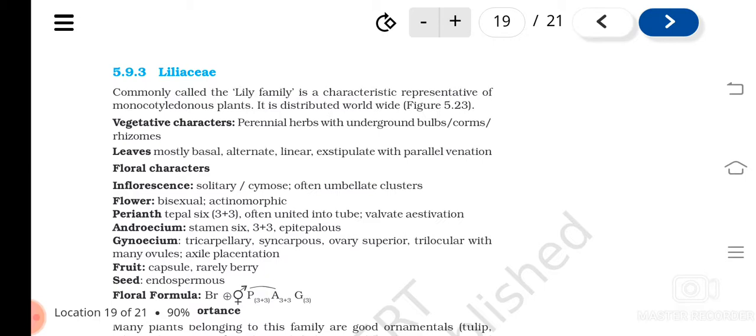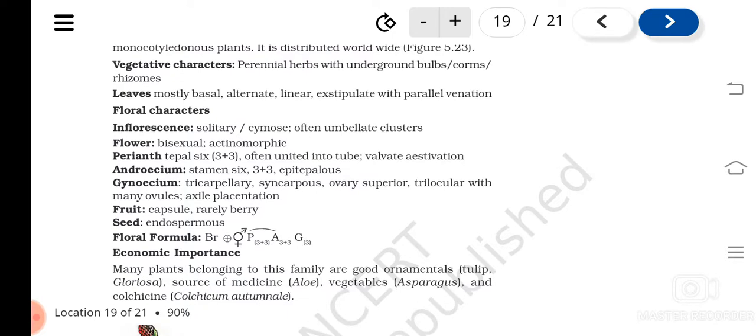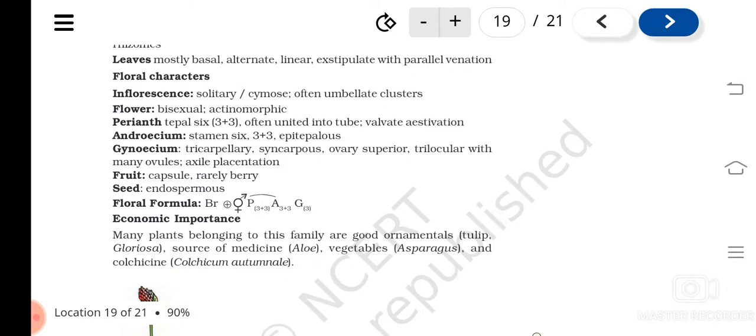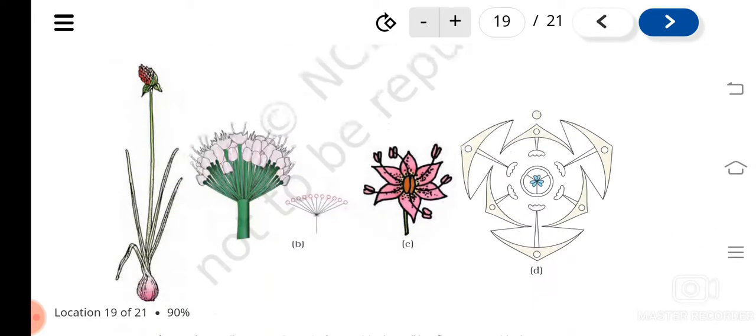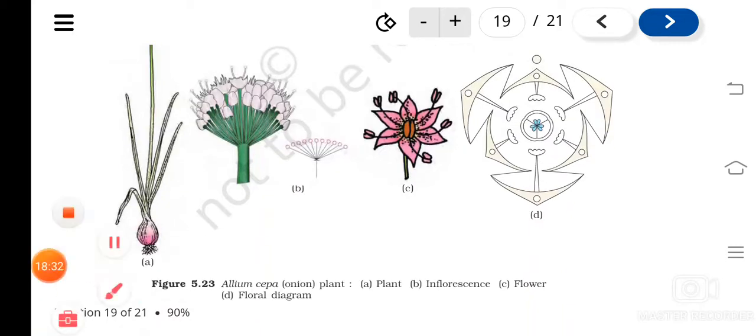Gynoecium is tricarpellary, syncarpous, and the ovary is superior with a trilocular ovary. Trilocular means three chambers are there. These have endospermous seeds, and these are the special characters of family Liliaceae.